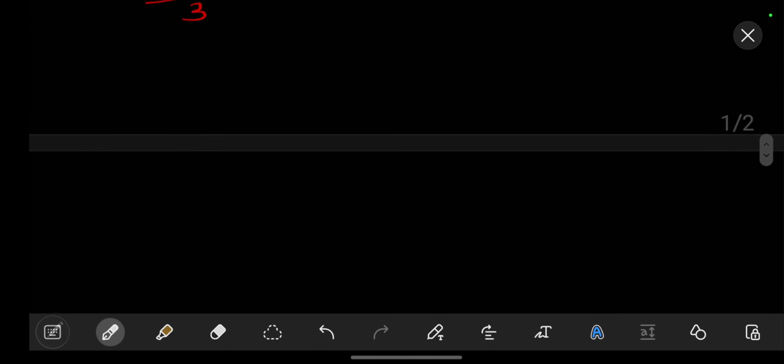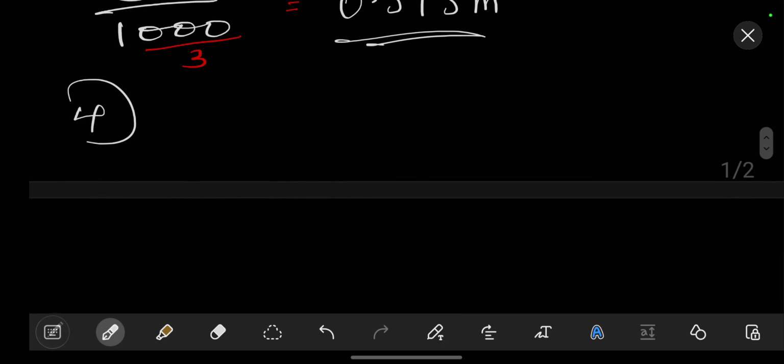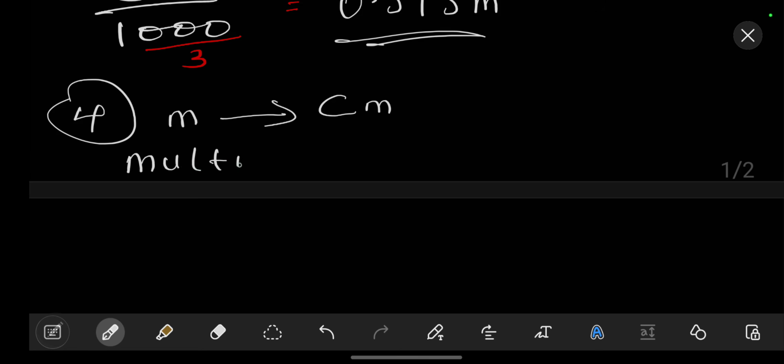Now the fourth one right now. Number 4, let's see how we can go from meter to centimeter. Now, meter to centimeter, we're going to do the exact opposite like we did before. So from meter to centimeter, we have to multiply the value in meter by 100.